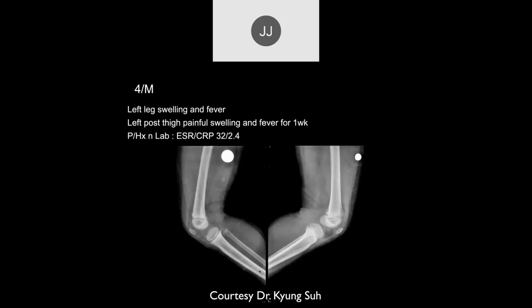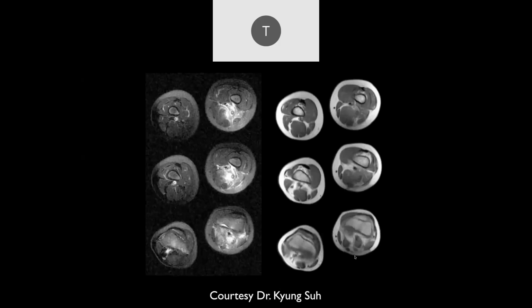Hey, we've got a 4-year-old boy with left posterior thigh painful swelling and fever for a week. Elevated inflammatory markers on lab. Let's see, on the radiograph, I'm not sure I'm seeing much in the soft tissues.